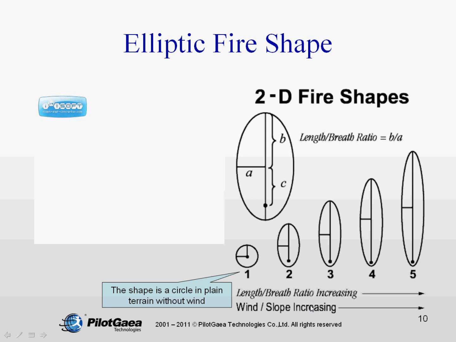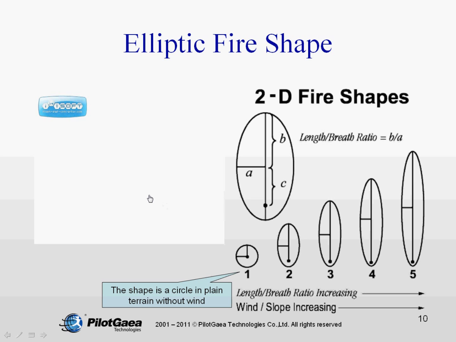As the length to breadth ratio increases, the wind or slope increases also. In other words, shape 5 is the situation where the wind speed is very high or the slope is very steep.